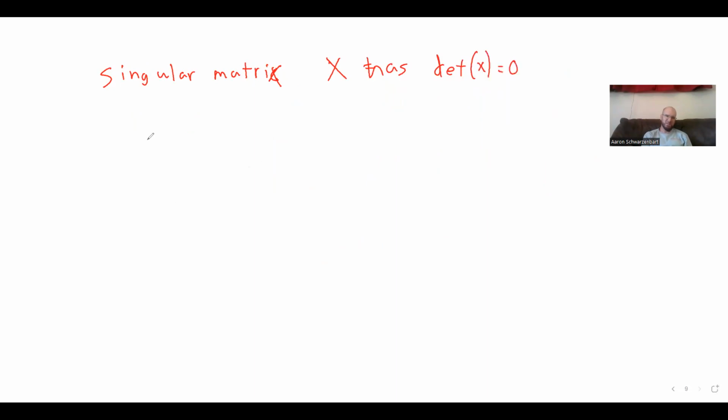So if they give me this A for a matrix, and they say it's a non-singular matrix, that means determinant of A is not equal to 0.